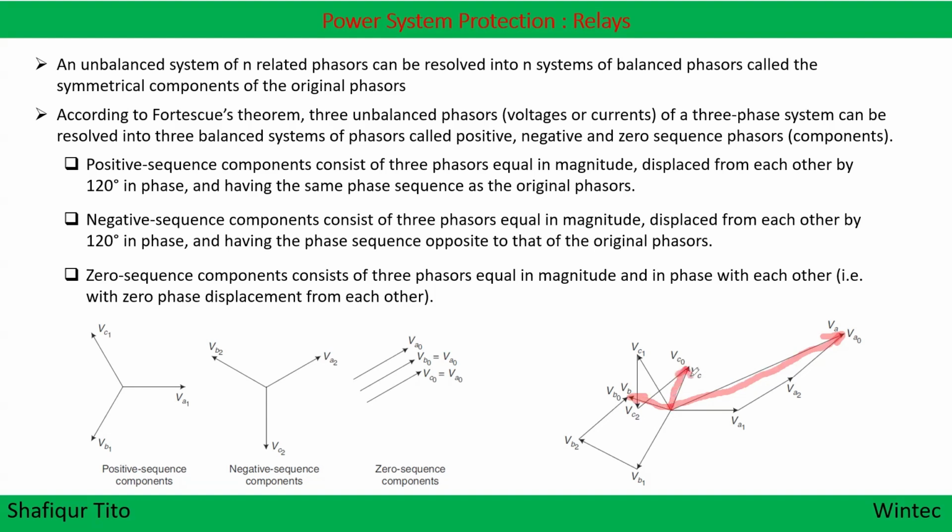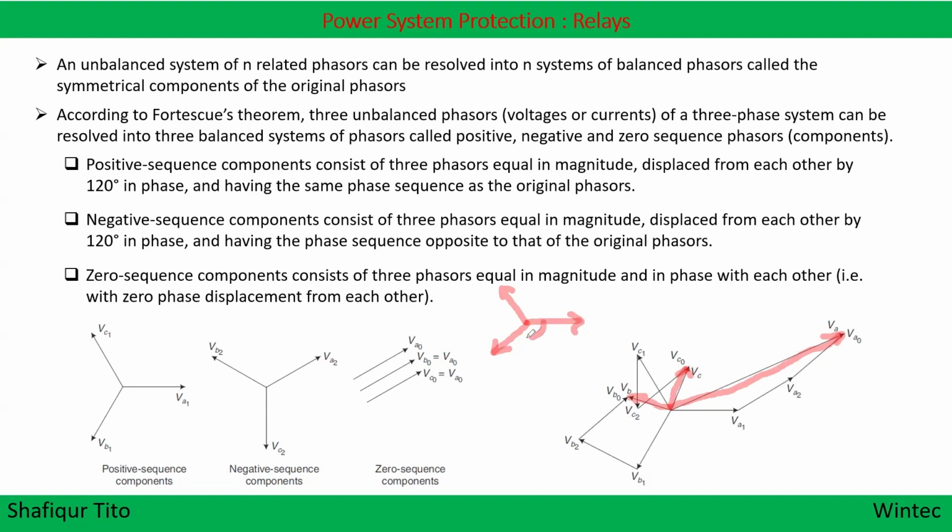So previously it was a balanced system. In a balanced system, the length of the VA vector, the VB vector, and the VC vector should all be equal. So that is my balanced system.